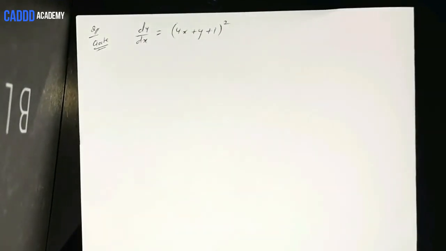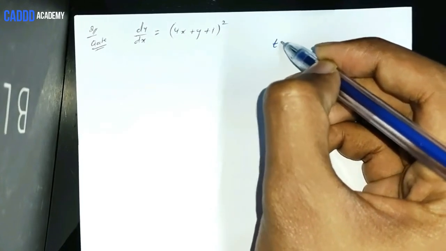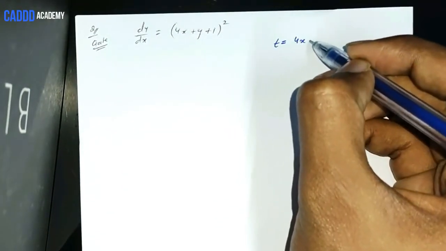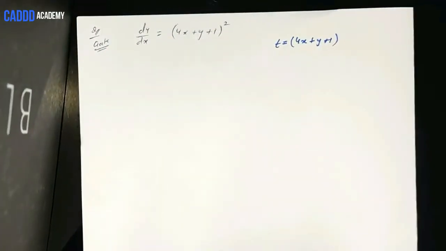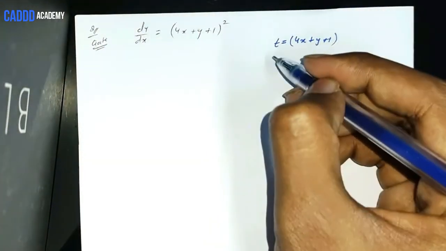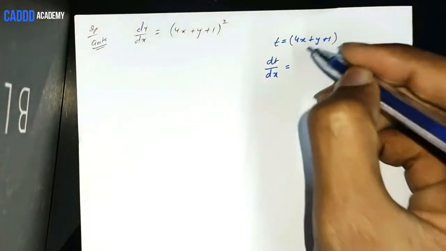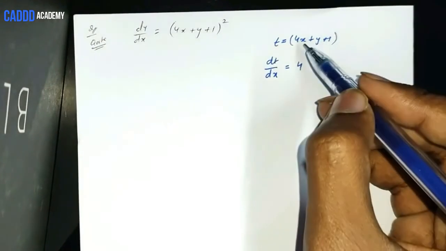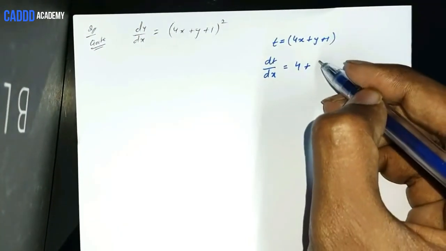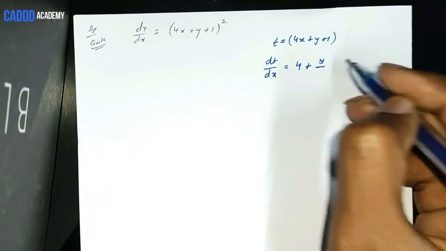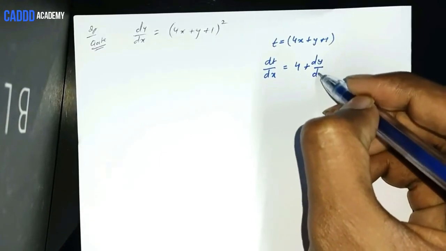Okay, so how can we do that? Let's put t is equal to 4x plus y plus 1. So we will have dt by dx is 4, that x gone, plus y is a function of something, so we can't take it as constant, so dy by dx.